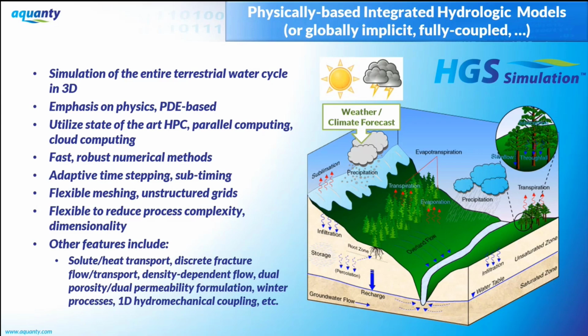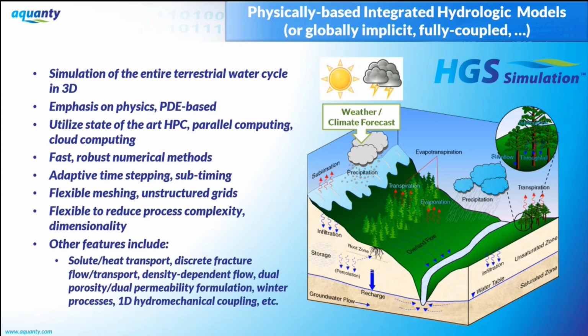It's quite flexible. You can reduce process complexity as well as dimensionality. For example, you can turn off the entire subsurface and just do surface modeling, or you can turn off the surface and just do subsurface modeling, or you can turn everything off and just do MODFLOW style groundwater modeling.